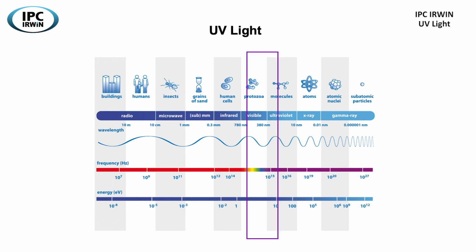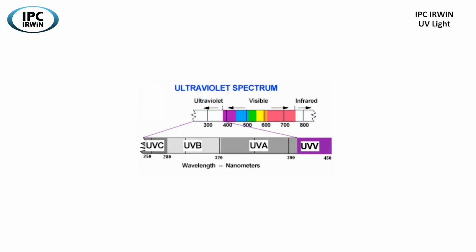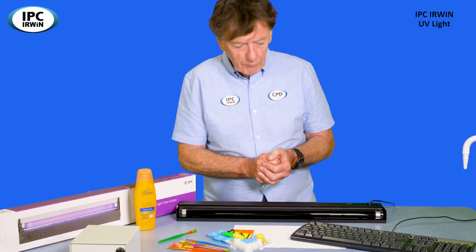Now that places it in the category of ultraviolet A, which is the least energetic and the least dangerous. Nevertheless, we don't want to be staring at this and exposing ourselves to ultraviolet light for too long. But it doesn't fall into the ultraviolet B or C category, which have got shorter wavelengths and are getting closer to the X-ray end of the spectrum.